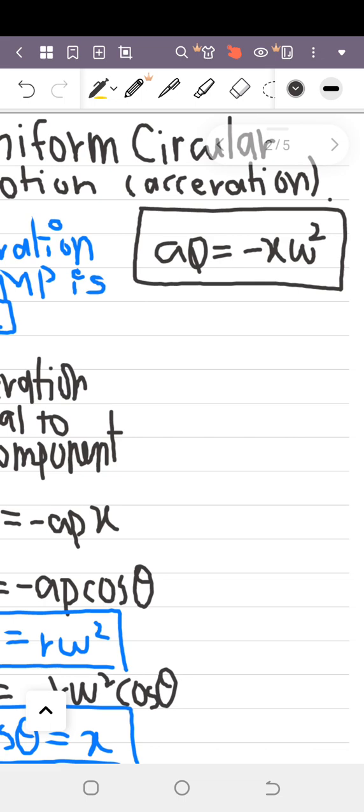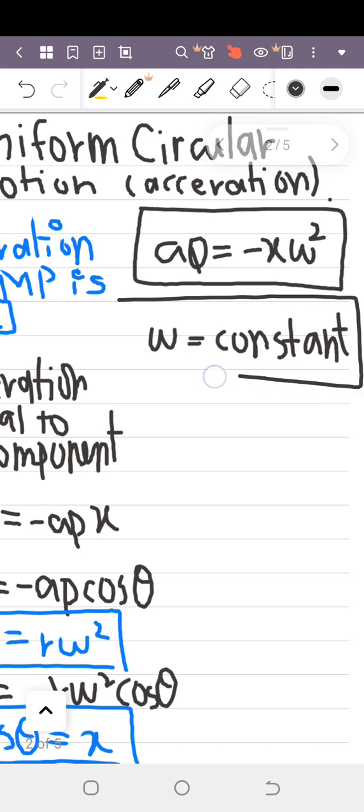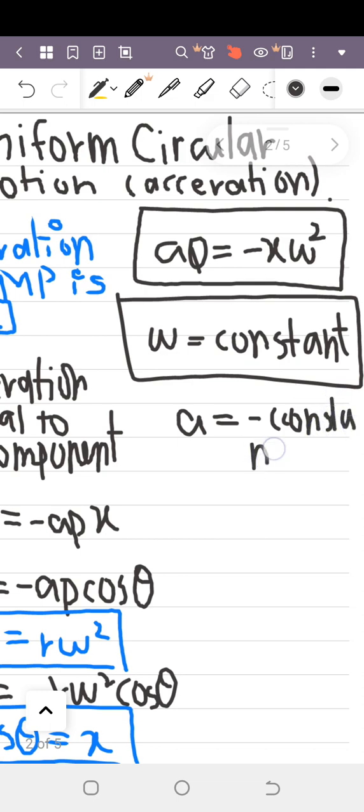Since the motion is uniform circular, omega will be constant. As we know, the angular velocity omega is constant in uniform circular motion. And when omega is constant, A is equal to minus a constant, omega square, times x.